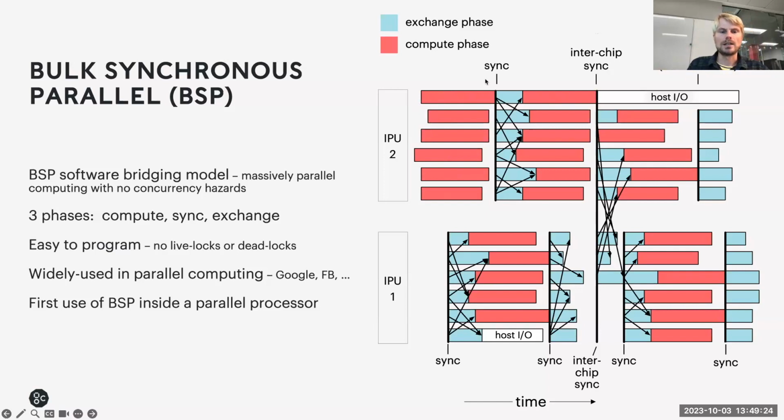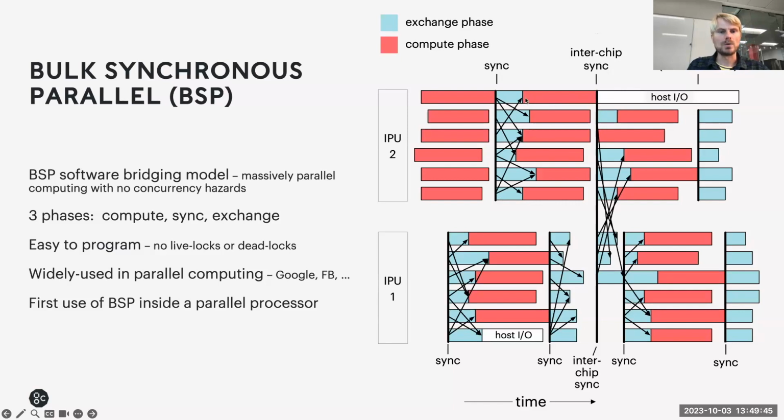At some point, they will finish the computation and will synchronize between each other. At this point, we'll have the chip in a deterministic state. We know what has happened and what needs to happen during the next compute phase.